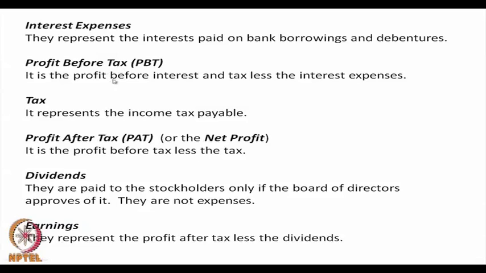Profit before tax is profit before interest and tax, PBIT, minus the interest paid. Taxes are calculated following the government rules, income tax rules. If we subtract income tax from PBT, profit before tax, we get profit after tax or net profit.